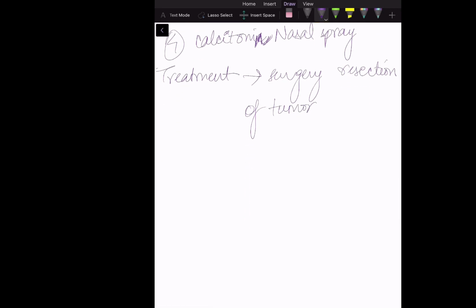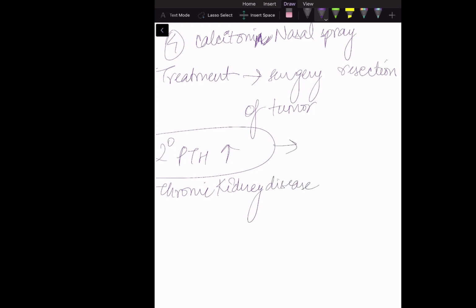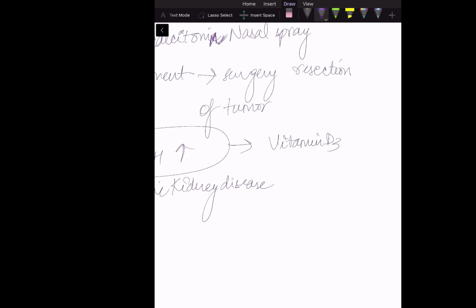Then in the secondary form of PTH elevation, that is chronic kidney disease, what will happen? Vitamin D3, okay, let me just tell.